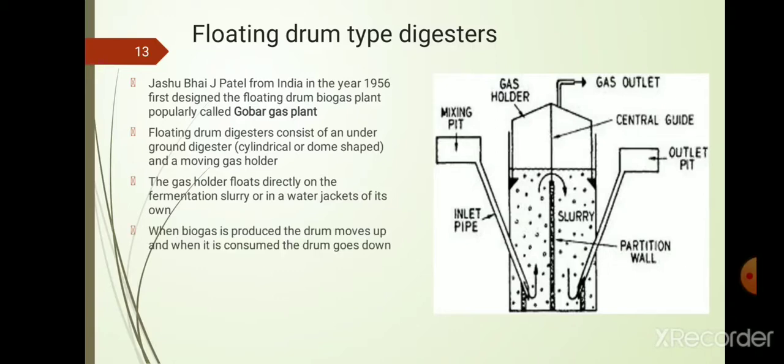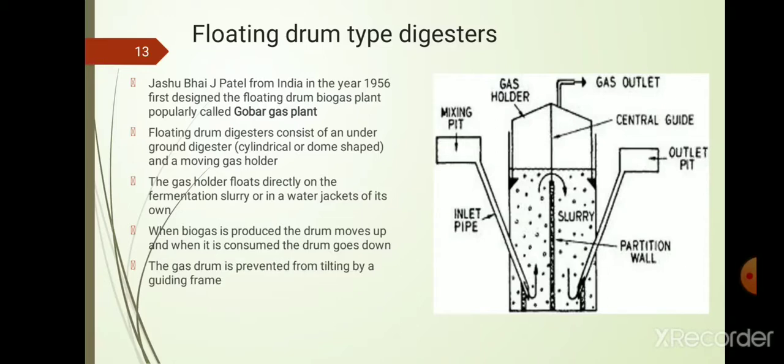And we know when biogas is produced, the gas holder automatically moves up, and if it is consumed or removed through the outlet pipe, it will come down. So that is the movement of the gas holder. When biogas is produced continuously, the gas holder will move up, and once it is removed from the gas pipe, it will come down.